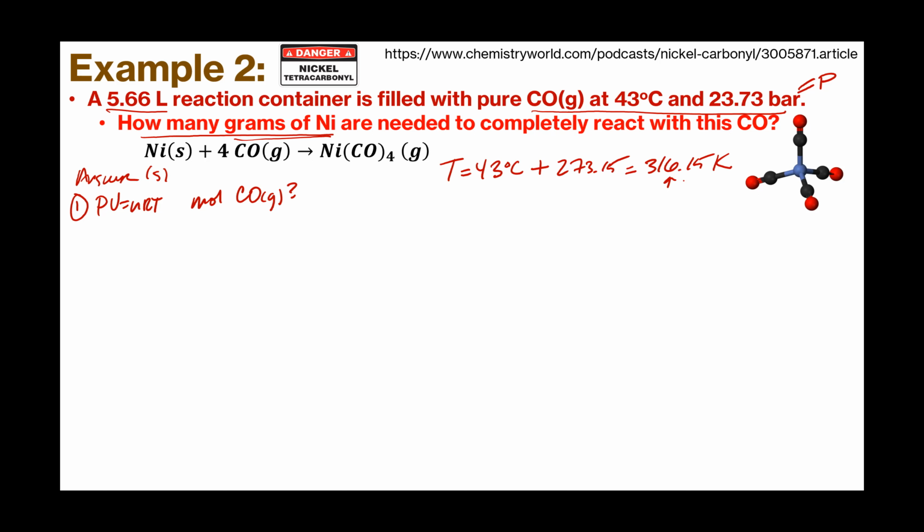We don't have an R in bars, so we need to get our bars straightened out. I'm going to go to atmospheres, so you can convert that to whatever. I would probably need to give you a conversion factor, so I'd probably give you the bars to atmospheres conversion factor. Okay. It turns out that 1.000 atmospheres is 1.013 bar.